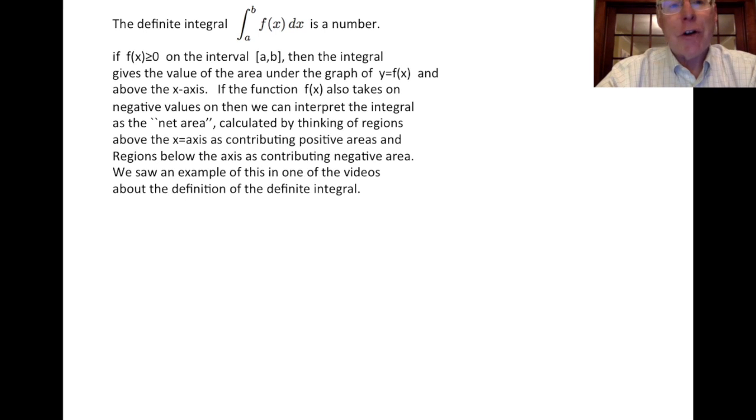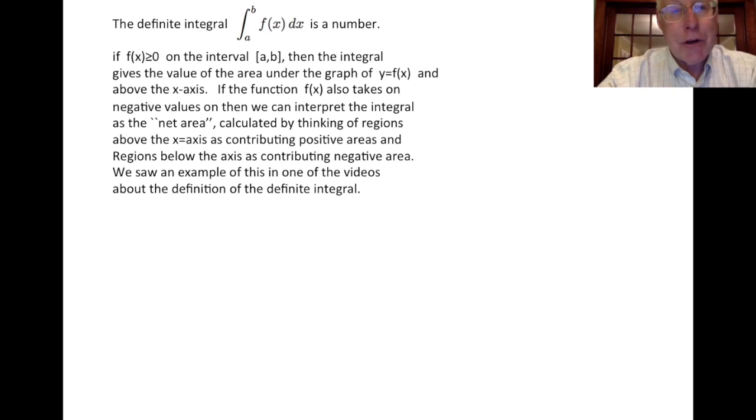If the function takes on negative values, we can also interpret the integral as the net area. This is calculated by thinking of regions above the axis as contributing positive areas and those below the axis giving negative areas. We then add up the positives and subtract the negatives to get the net area.